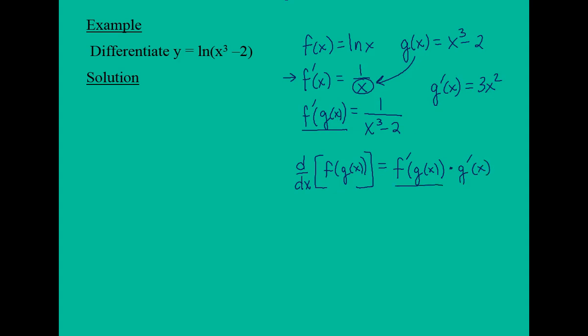So our f prime of g of x is right here. So that is our 1 all divided by x cubed minus 2 times g prime of x, which is here, which is 3x squared. So that is our derivative of our function, ln of x cubed minus 2.